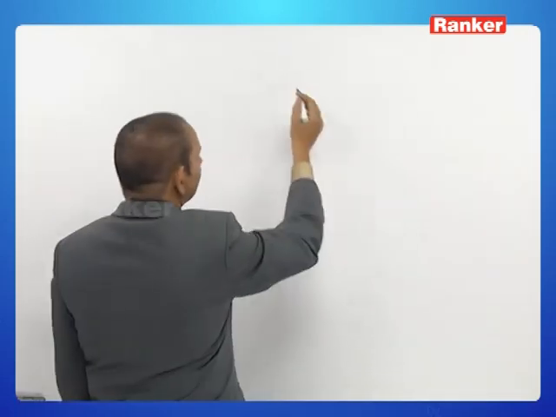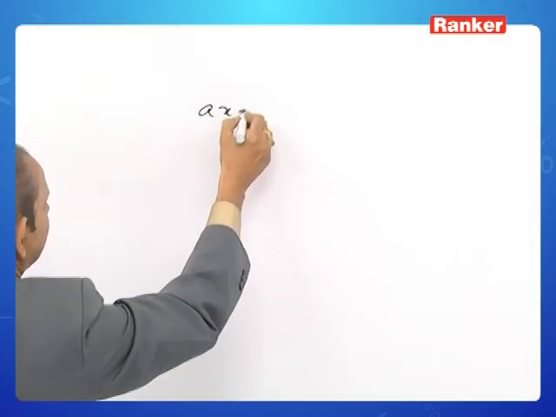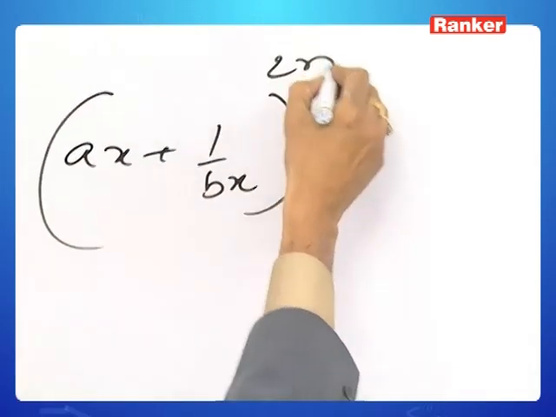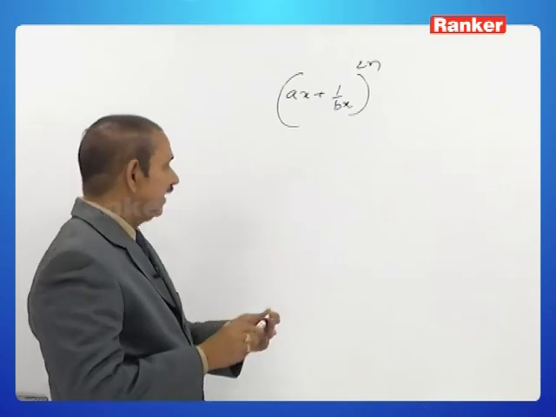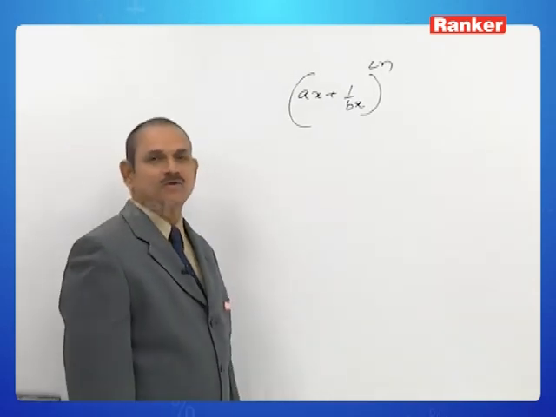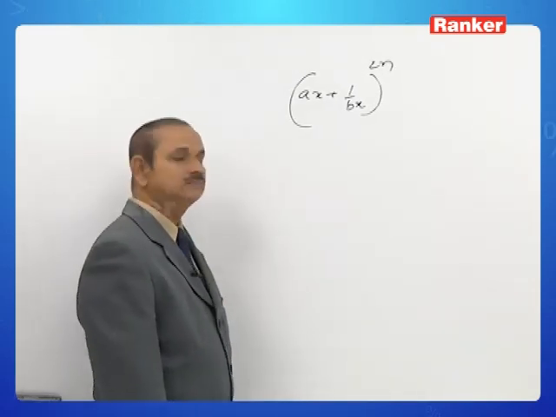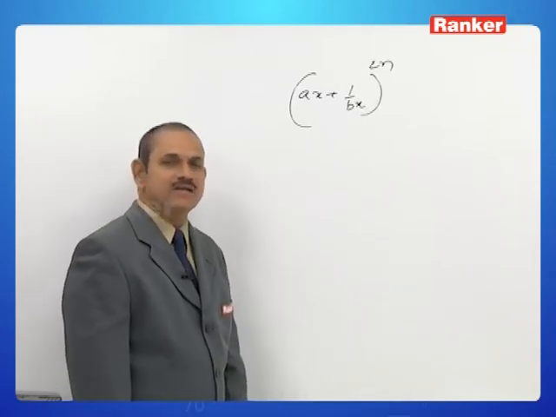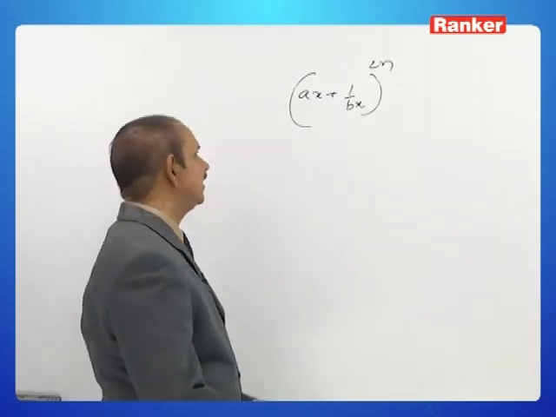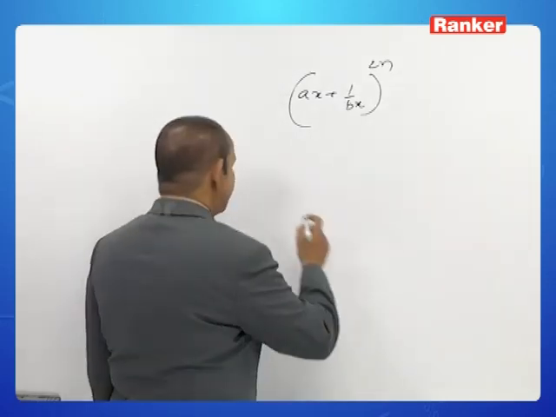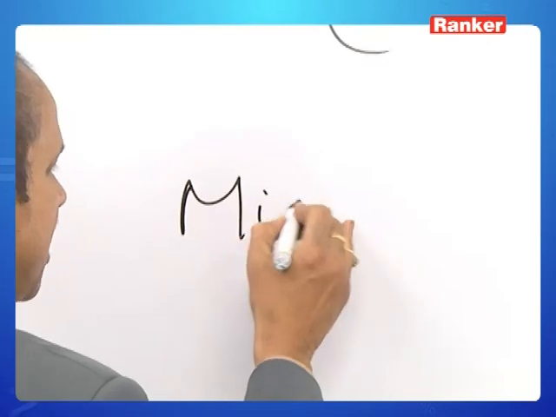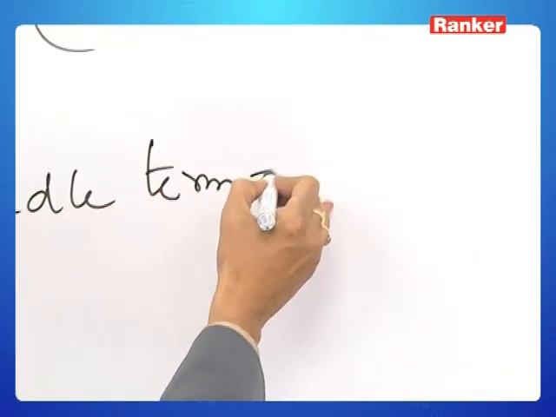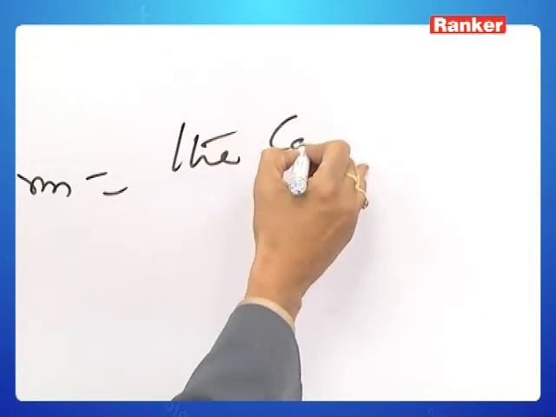Yes. Consider the expansion (ax plus 1 by bx) whole to the power of 2n. What I mean to say is that 2n is an even integer. In this expansion, the beautiful concept that must be observed is: middle term is equal to the constant term.